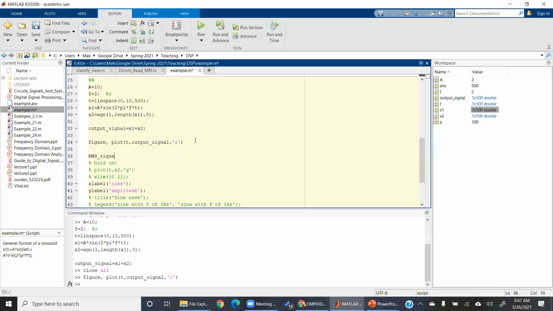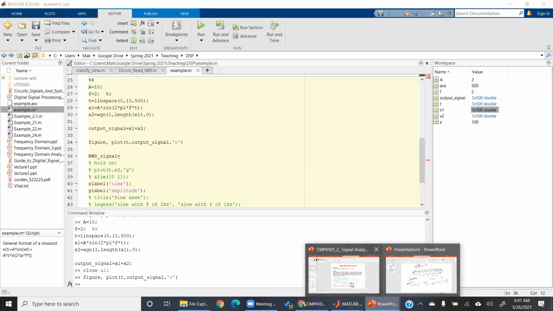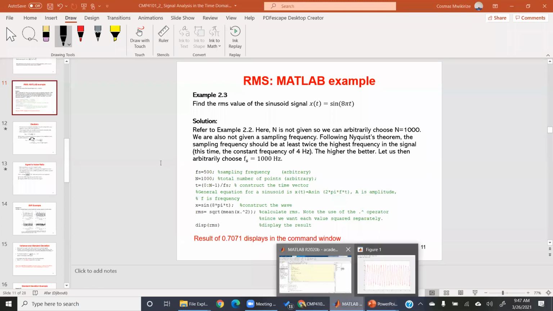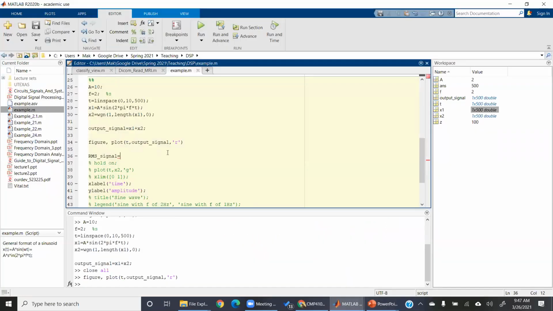So we know what our RMS signal is. Now remember, root mean square value means square the signal, find the mean, and then find the square root. So the first thing you do is square the signal, right? So it's x1.